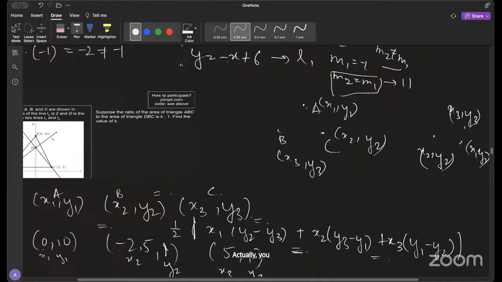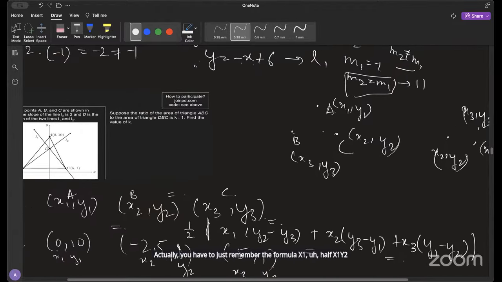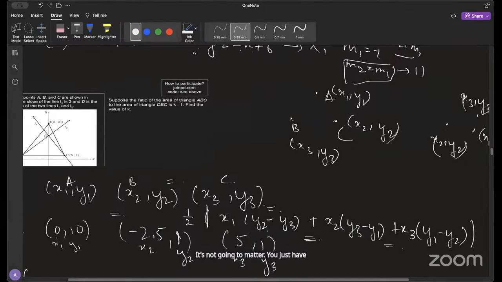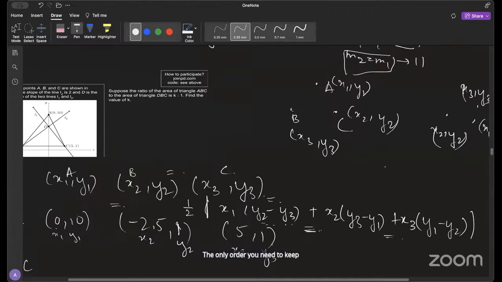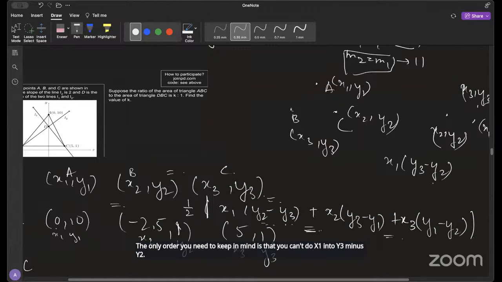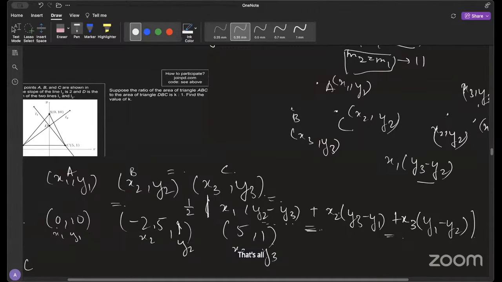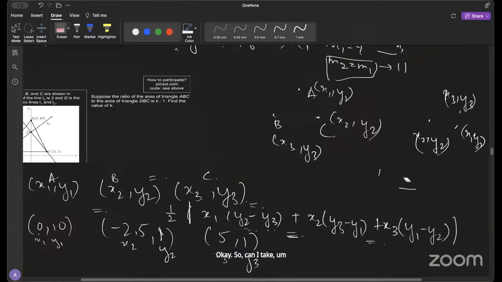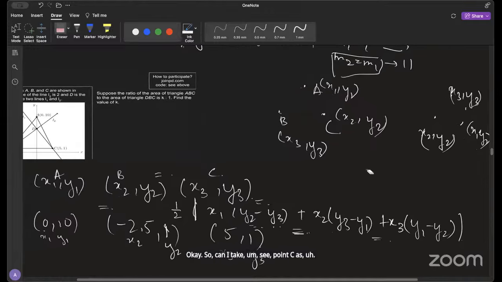Actually, you have to just remember the formula: half x1 (y2 minus y3) plus x2 (y3 minus y1). It's not going to matter. Just don't mess up these things. The only order you need to keep in mind is that you can't do x1 into (y3 minus y2). You can't do this thing. That's all. So can I take point C as x3 y3?